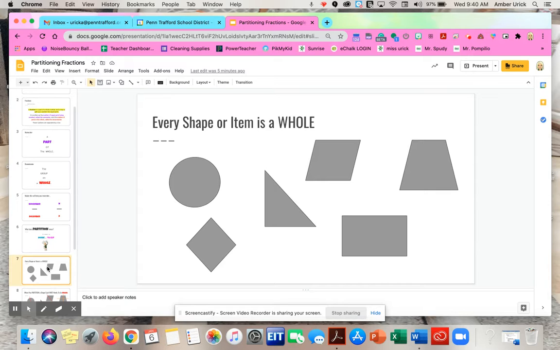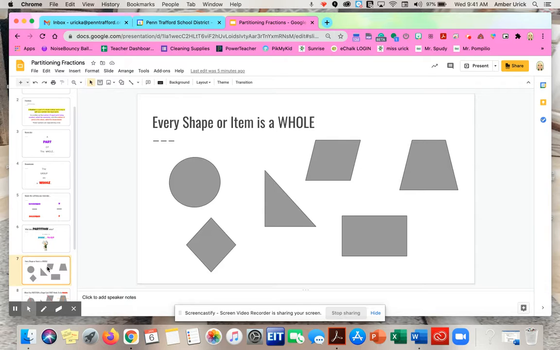Now, if I am going to share my pizza with Mr. Spooty and Mr. Pompilio, maybe at my birthday party, I'm going to want to partition my pizza or divide or cut my pizza into 3 equal sections, right? I shouldn't have a bigger section than Mr. Spooty or Mr. Pompilio. That wouldn't be quite fair.